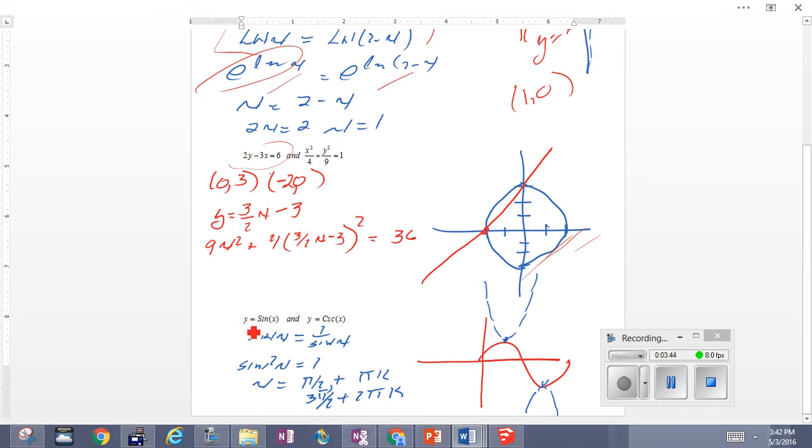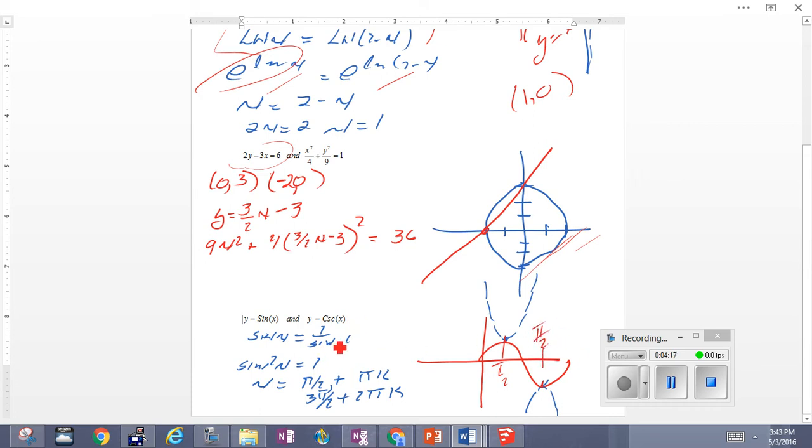Another one we're looking at is what are the points of intersection of sine of x and the cosecant of x? Well, of course, the cosecant of x is the reciprocal of the sine of x, and so again, just looking at the graph, sine of x and then the cosecant of x, they touch at their high points right there and low points. So when the y value is 1, they touch, which of course occurs first at pi over 2 and then subsequently twice per cycle.